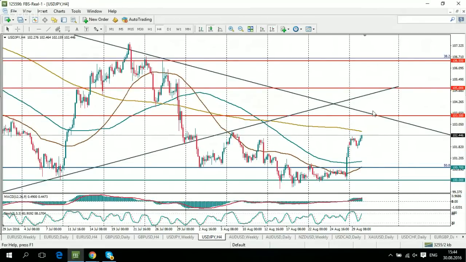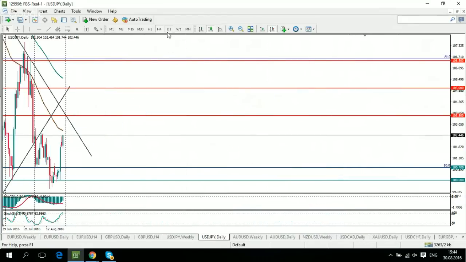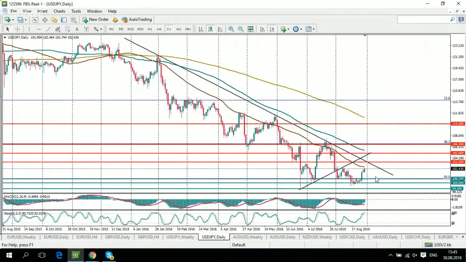There are comments from Japanese monetary authorities. As usual, they claim that they are ready to intervene in the currency market to limit excessive appreciation of the Japanese yen. But taking into account the fact that the pair has found rather good support around the 100 yen per dollar mark last week and is staying above 100.70, this is the 50% Fibonacci retracement of dollar yen's advance from 2011 to 2015.